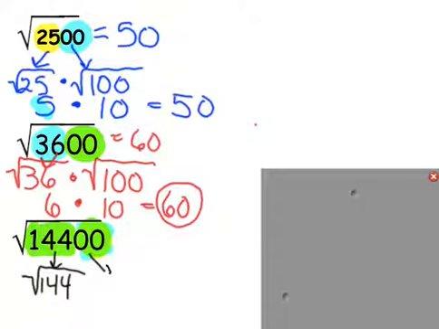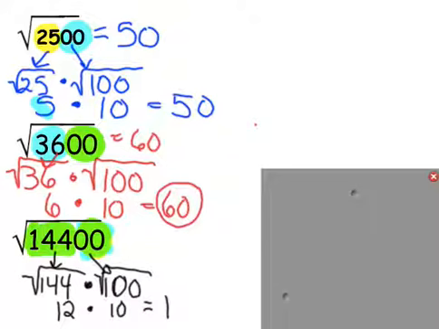And I'm going to write this as times the square root of 100. Okay, now the square root of 144 is 12 times the square root of 100 is 10. If I multiply 12 times 10, 120. So my answer is 120.